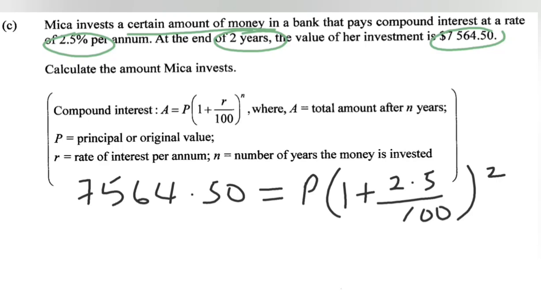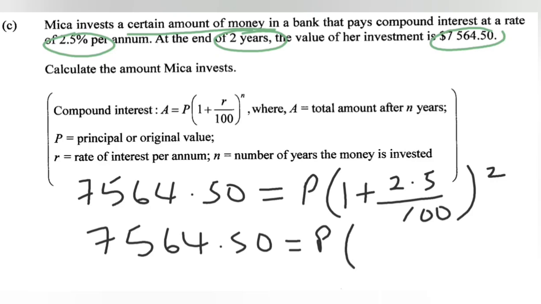So we're going to continue working. So 7,564.50 would be equal to P. We're going to work out what's in the bracket. So let me do this in stages. So it's 1 plus, if we divide 2.5 by 100, we're going to get 0.025. And all of this will be raised to a power of 2. So we're going to continue working.